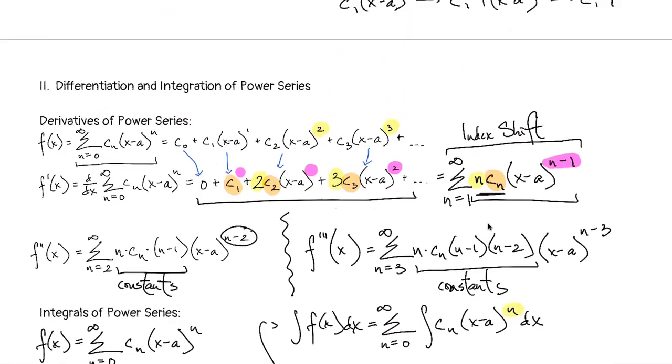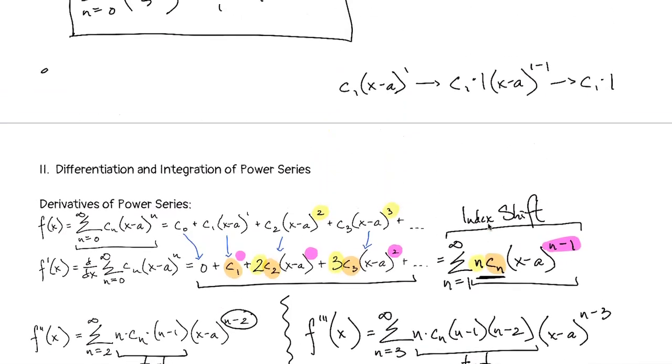Just like you knew that the derivative of x to the n was n x to the n minus 1, we just bring the power down and lose a power. How can we express the integral of x to the n in a general form?